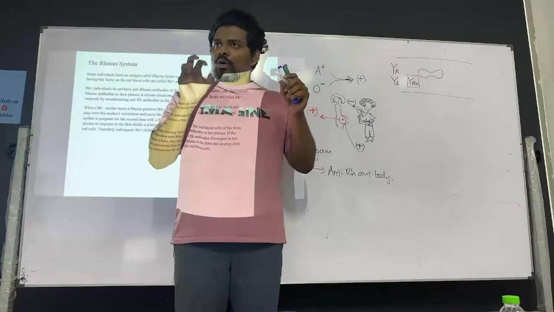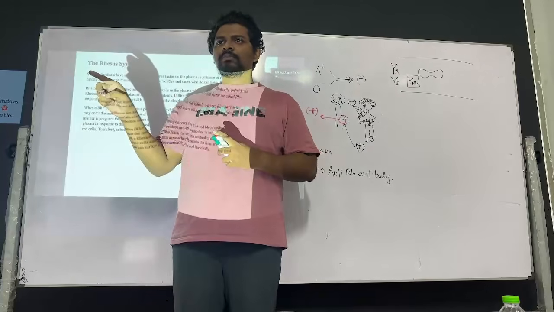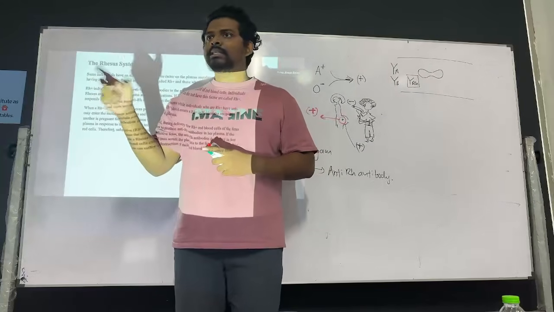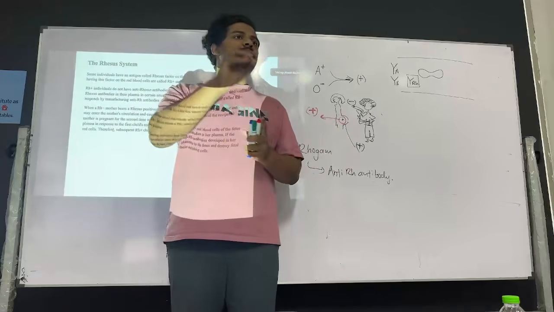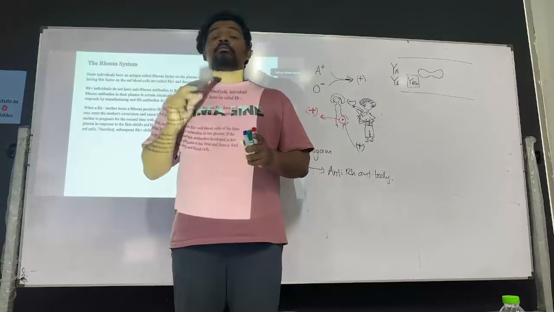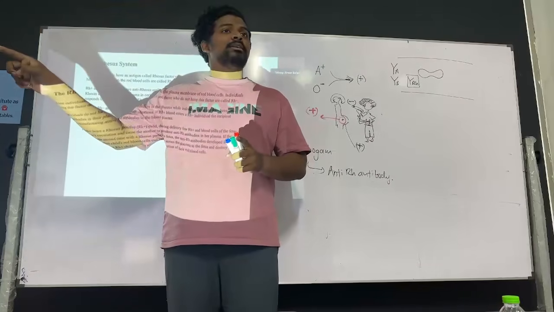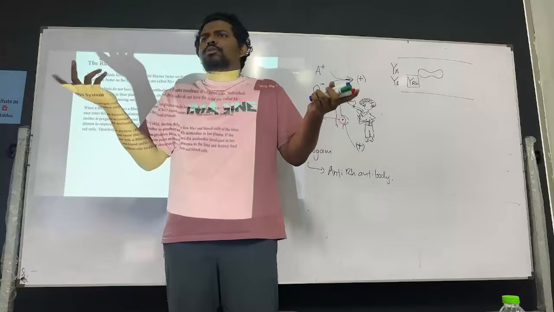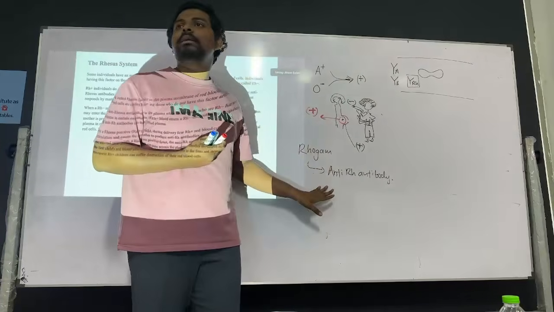Now, it will only become a problem if that younger brother goes and tells the parents. If he doesn't tell the parents, it's not a problem. But if he goes and tells the parents, you are the person who's going to be broken next. What if you kill the younger brother before he tells the parents? Then you can also act like, I don't know what happened. When I came, it was like that. That is the thing that RhoGAM does.